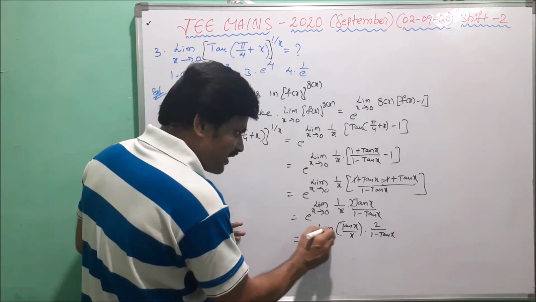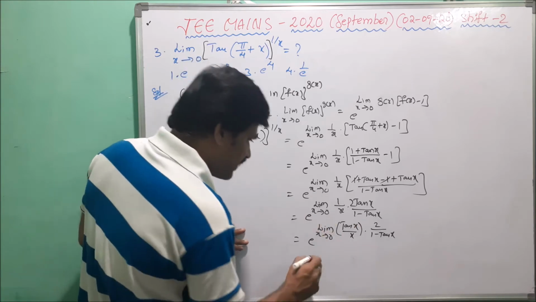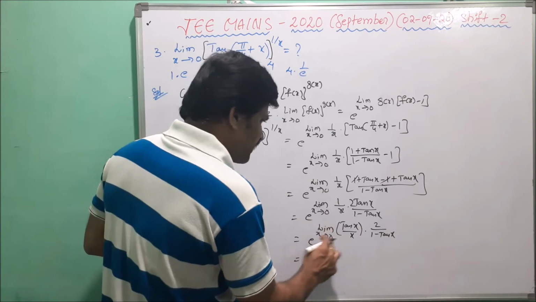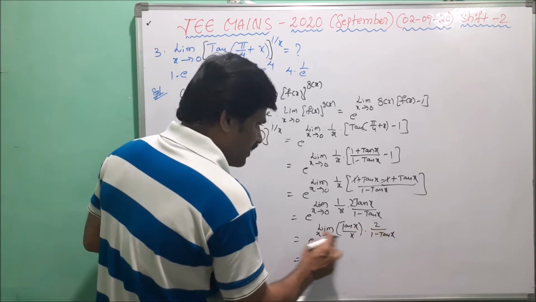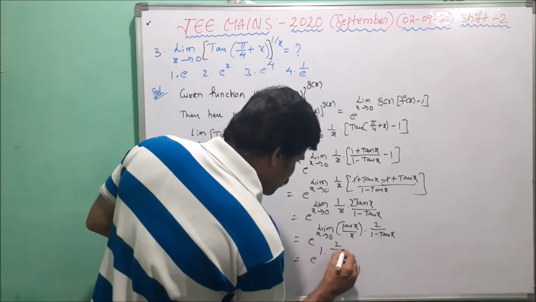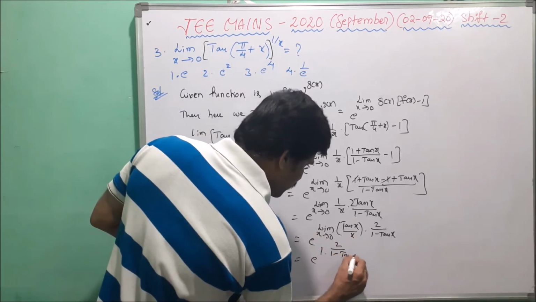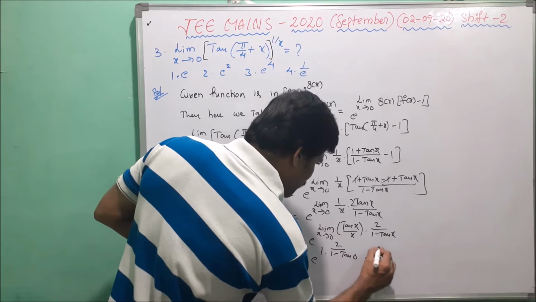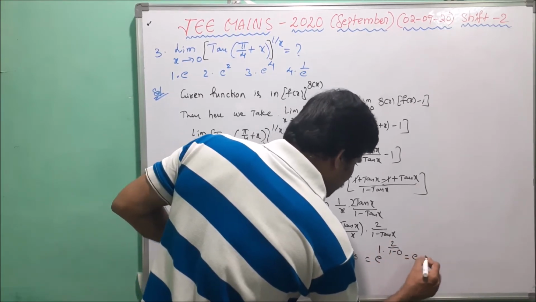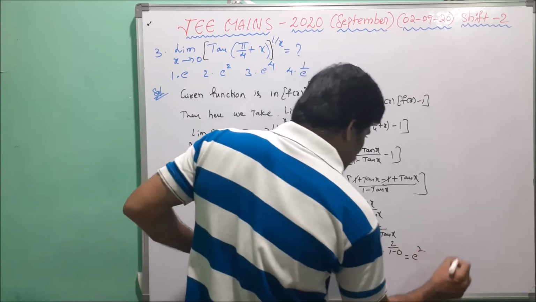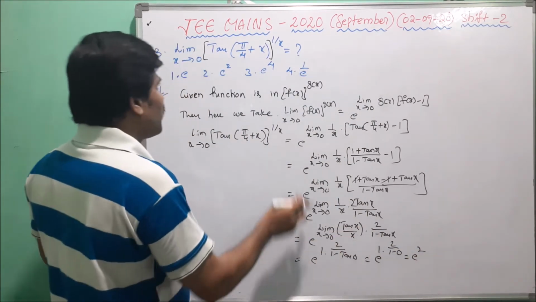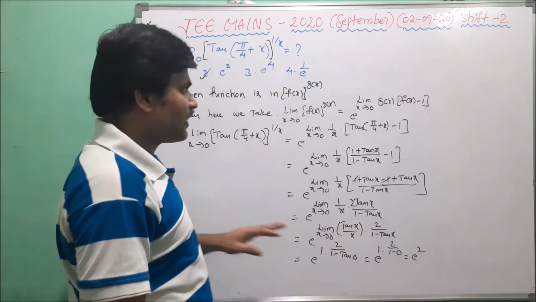Here we observe limit x tends to 0, tan x by x, that value clearly equals 1, into limit x tends to 0, 2 by (1 minus tan x). Here we substitute the value of x equals 0 in this function, that is 2 by (1 minus tan 0). Here we write e power 1 into 2 by (1 minus 0), that is e power 1 into 2, e square. So given limit is equal to e square. So second option is the right answer.